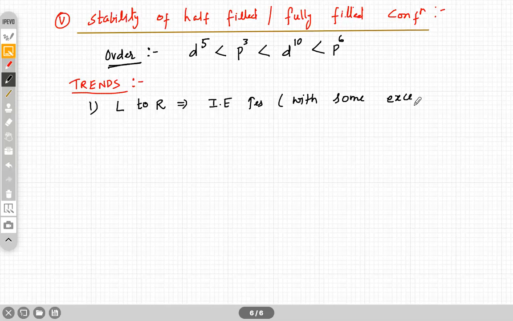What is that exception? We'll see. Top to bottom in a group, ionization energy decreases because the size is increasing, right? And when we write only ionization energy, you should take it as first ionization energy.